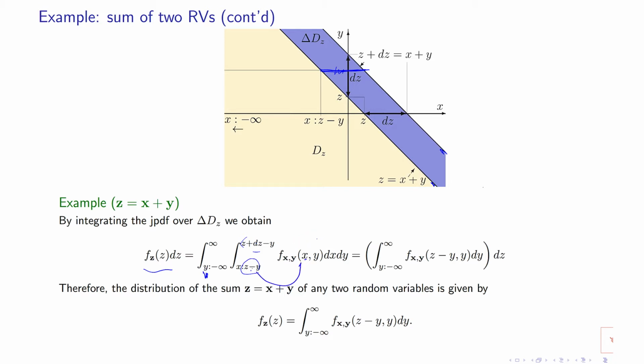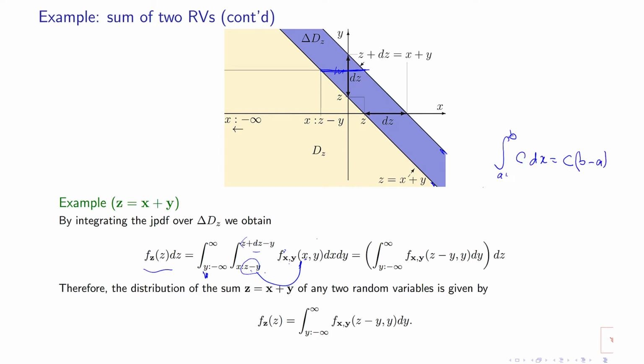So you substitute z minus y here, and because this becomes constant with respect to x, it can come out of the integral. If you integrate a constant c from a to b, this becomes c times b minus a.